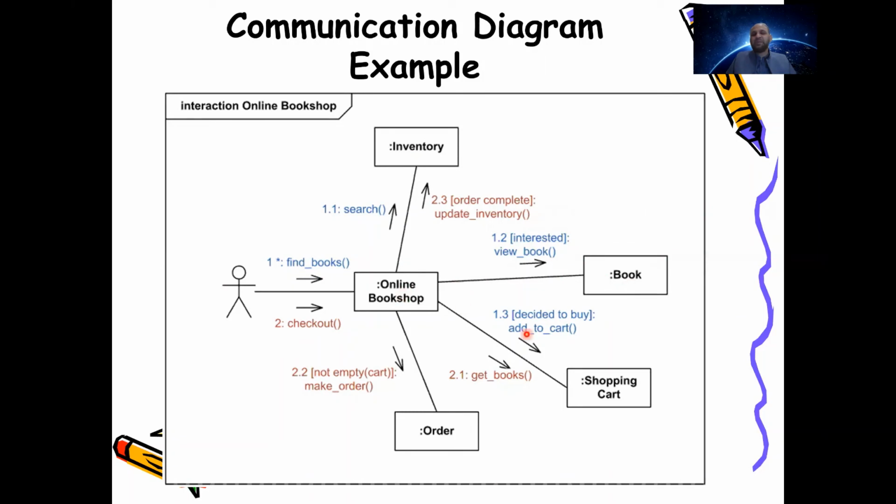Then 1.3, a message is sent to here. And then 2, again first of all 2. Then this is one flow. Then the second 2 message is coming here. Then 2.1 this message, then 2.2 second message and 2.3 second message. So you can easily transform a communication diagram into a sequence diagram.